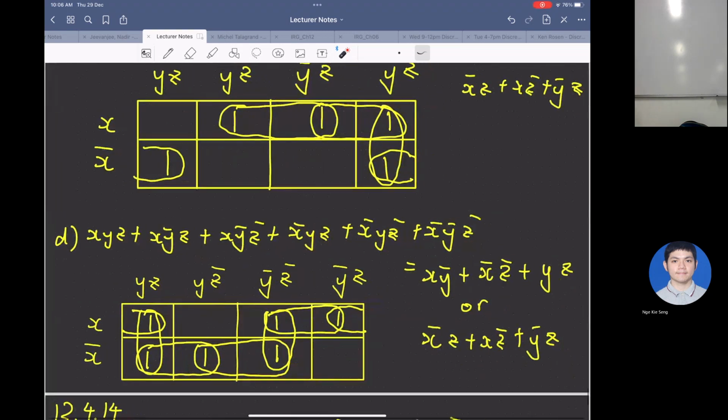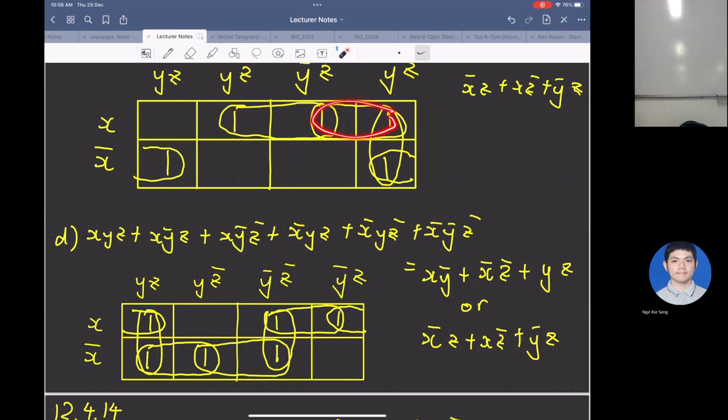Essential primes are easier to spot. Usually these are the ones you must have in your minimization, because this is the only way you can cover that one in the K-map.